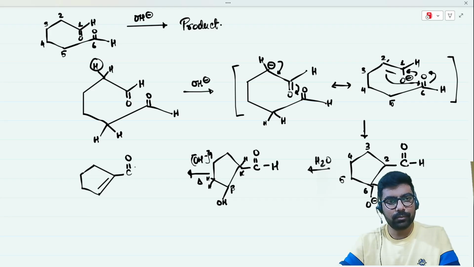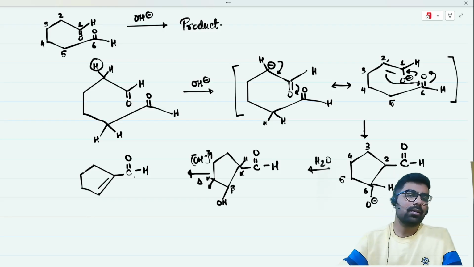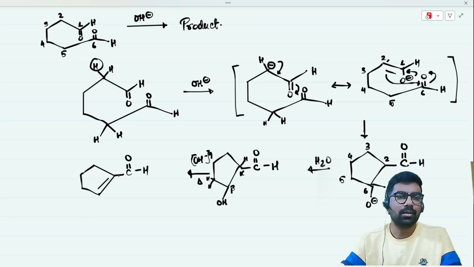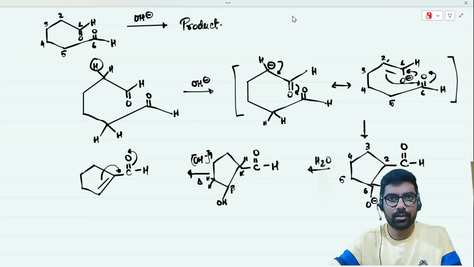C double bond OH. Because see, the logic is very simple. If the double bond by chance comes over here, this double bond is resonance stabilized. This double bond can undergo resonance. But let's say I will use another pen and draw.